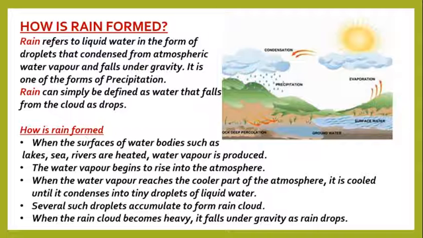Now, let me quickly explain why rain clouds often appear dark in color. When the rain cloud is formed as a result of the accumulation of tiny droplets of liquid water, they tend to prevent direct sunlight from passing through because they become more opaque.